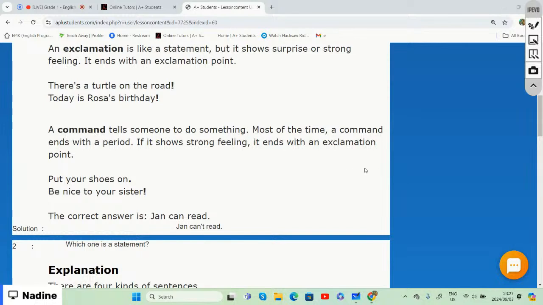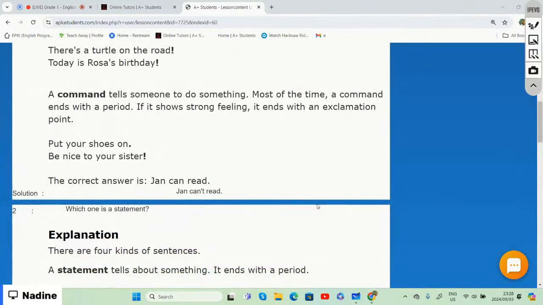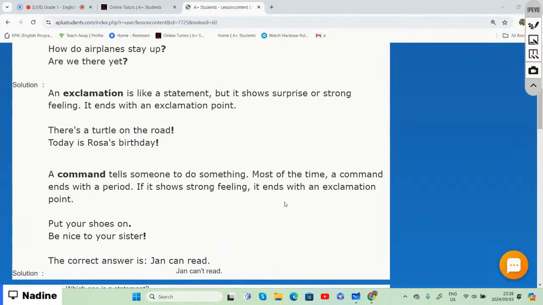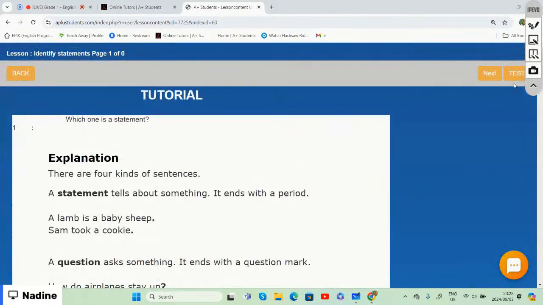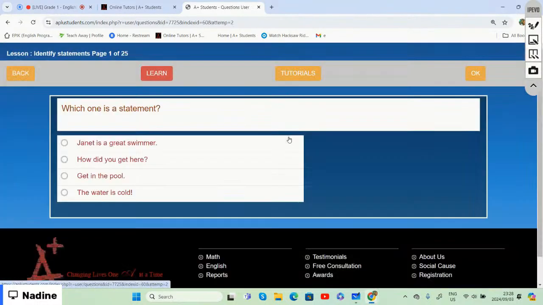We said that we have a question, but for now we have a statement, and a statement basically tells a story. It just tells anything, right? So now we need to say which one is a statement. Remember, a statement ends with a period. It basically just tells you anything. That is a statement.